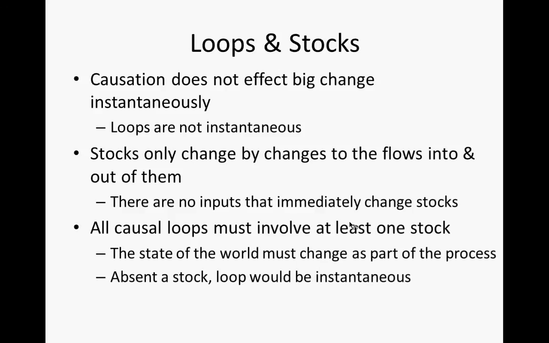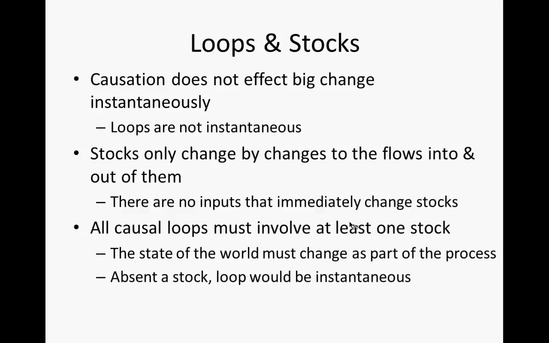And those time constants will dictate whether a loop rises exponentially, say a reinforcing loop rises exponentially, at very, very steep rates initially or more slowly, takes time to take off. Eventually they'll all be going up exponentially, but they'll be going up at different rates of speed, getting going. Stocks only change by changes to the flows in and out.